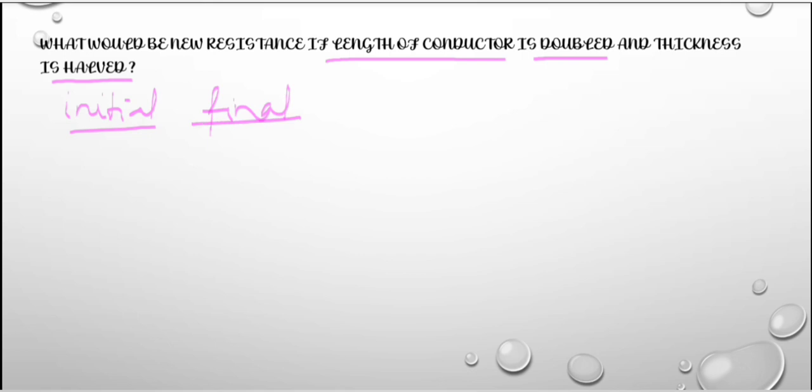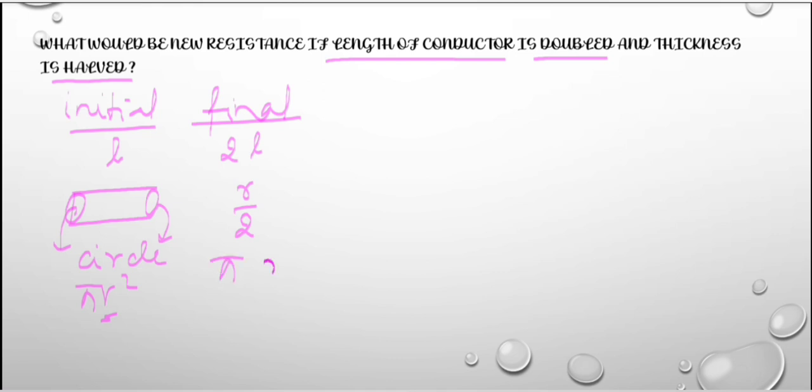Initially let the conductor's length be L and finally it becomes twice of L. Now students, when we talk about a wire, the ends of the wire are in the shape of a circle and the area of a circle is pi r square. Initially let us consider the radius is r, and finally when it is halved, the radius will become r by 2. Therefore the area becomes pi times (r by 2) whole square, which can be written as pi r square upon 4.